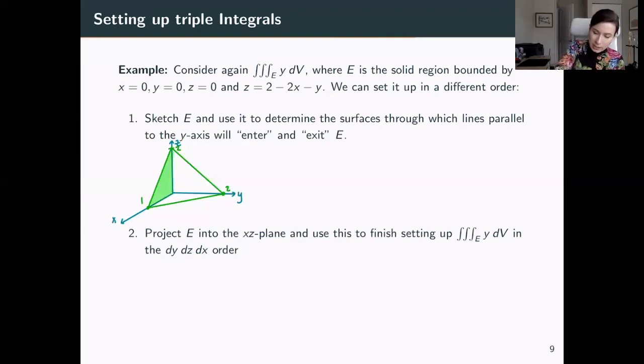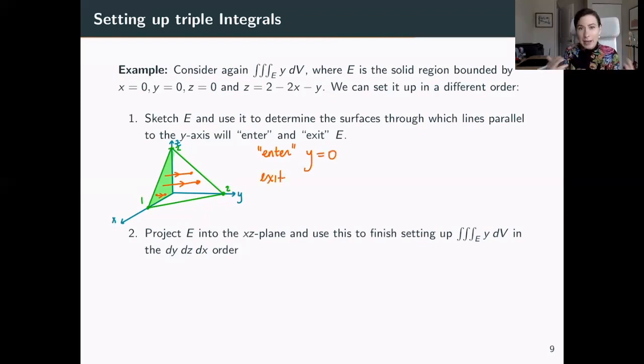So here I've got my entering and exiting lines in the same kind of way, where we can see that we are always going to enter where y is equal to 0.